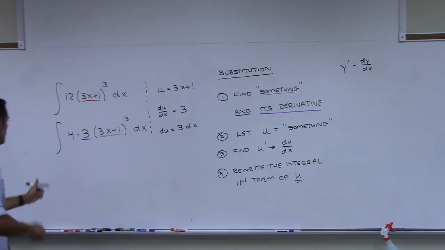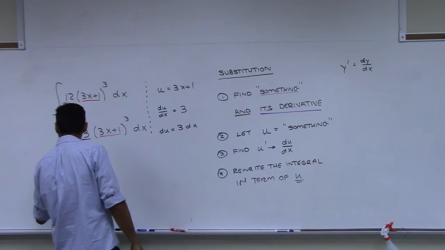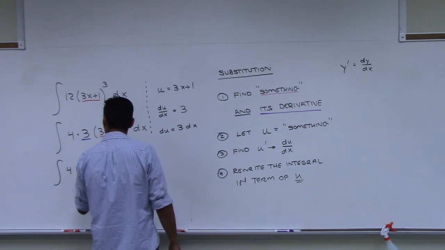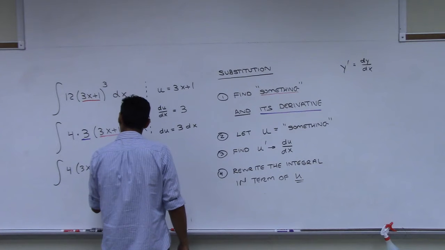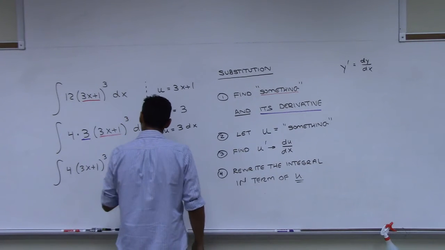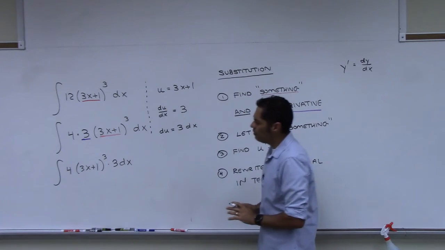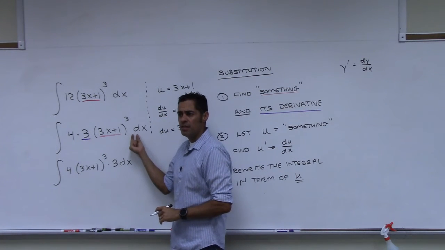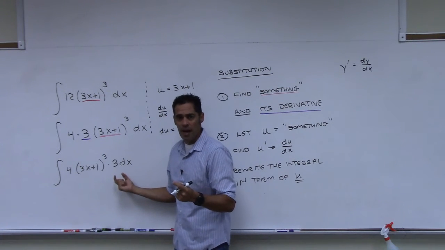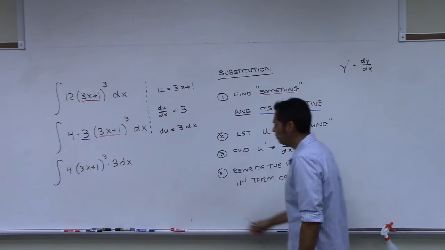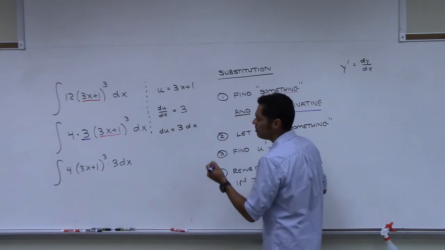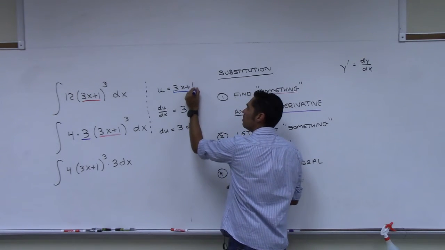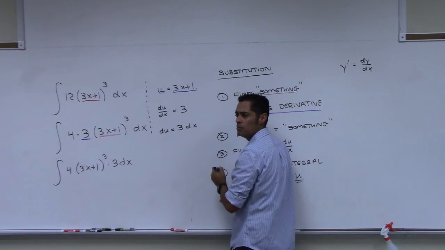Before I do that, watch what I'm going to do. 4 times (3x plus 1) cubed times 3 dx. All I did is move this 3 back next to the dx, and I'm going to show you why. Do you see right now that I can take 3x plus 1 and replace it with u?